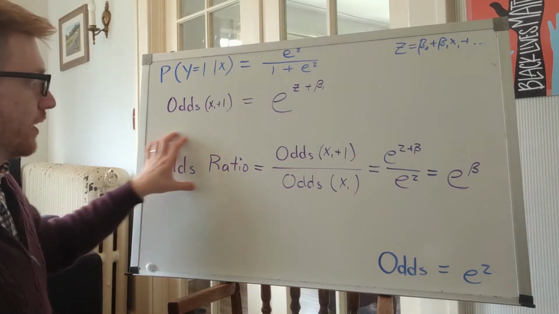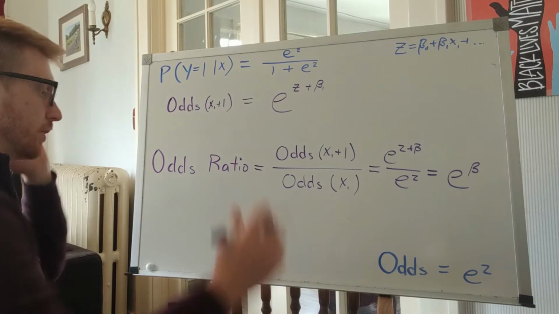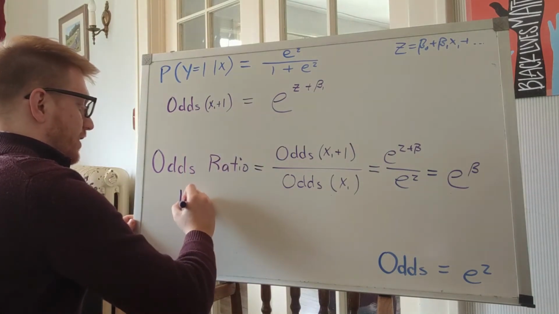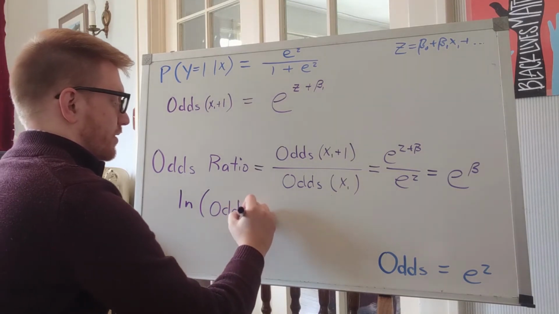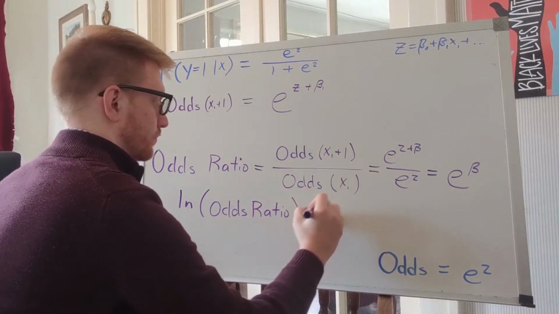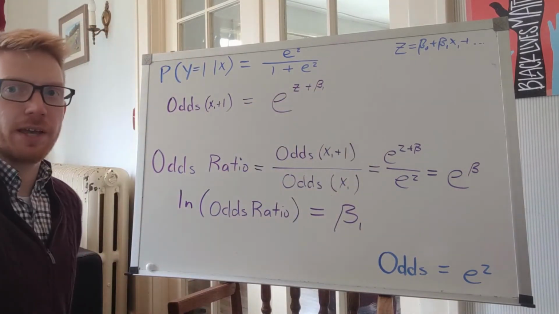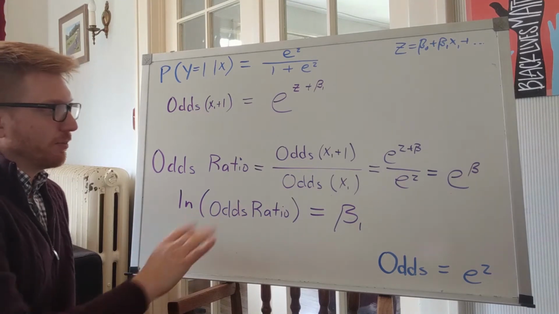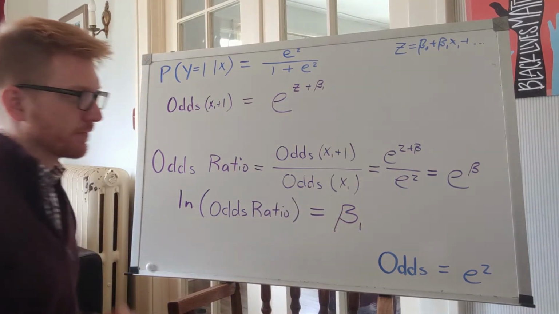Okay. So the odds ratio is e to the beta, which means that the natural log of the odds ratio is beta 1. It's mathematically nice. It no longer depends on z.